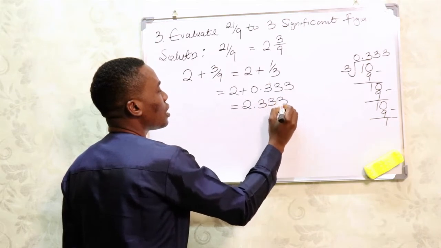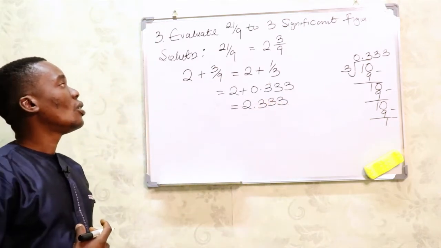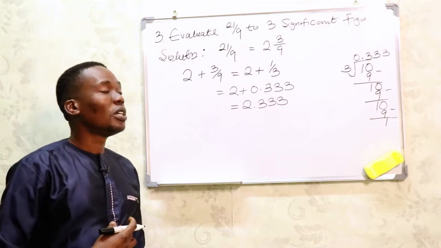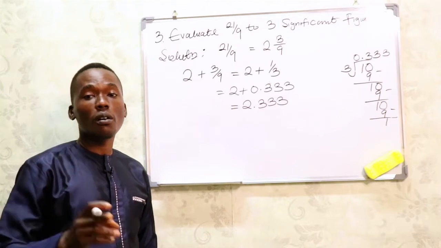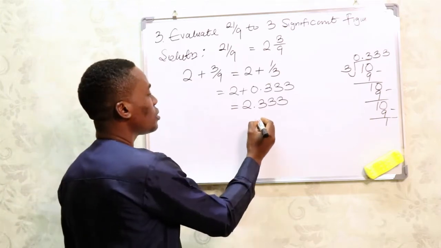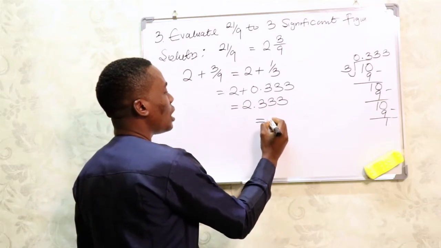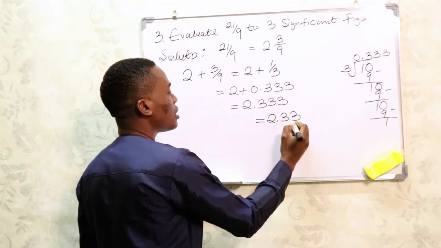Now when you add this, you're going to have a value which is 2.333. Now remember, they say you should express your result into 3 significant figures. That means what they want us to have is just 3 figures. So if we express this into 3 significant figures, our result is going to be 2.33.